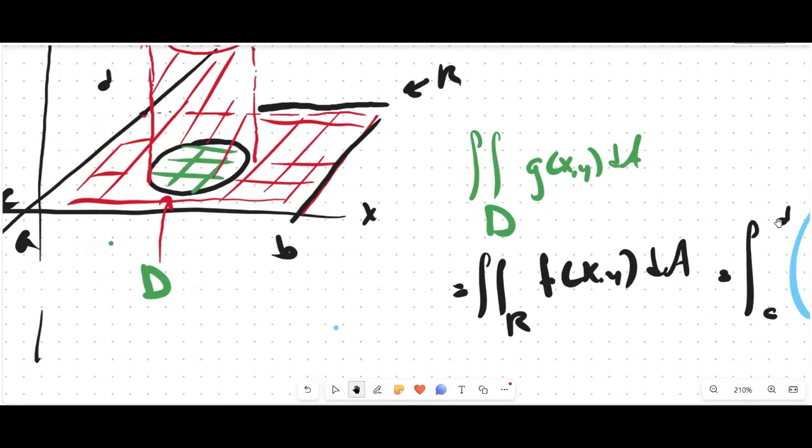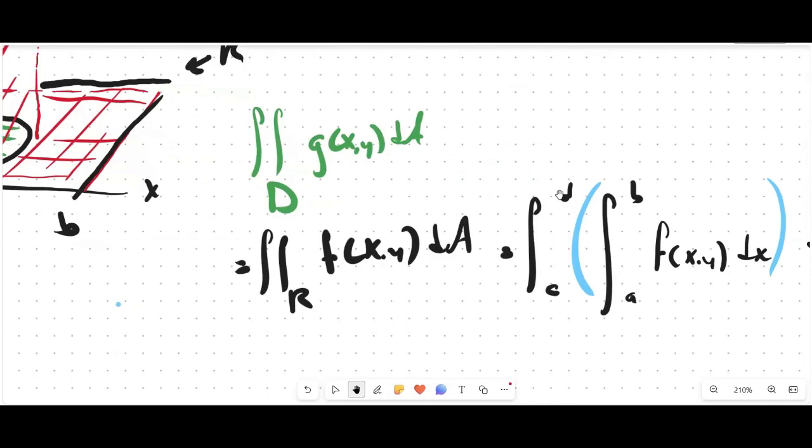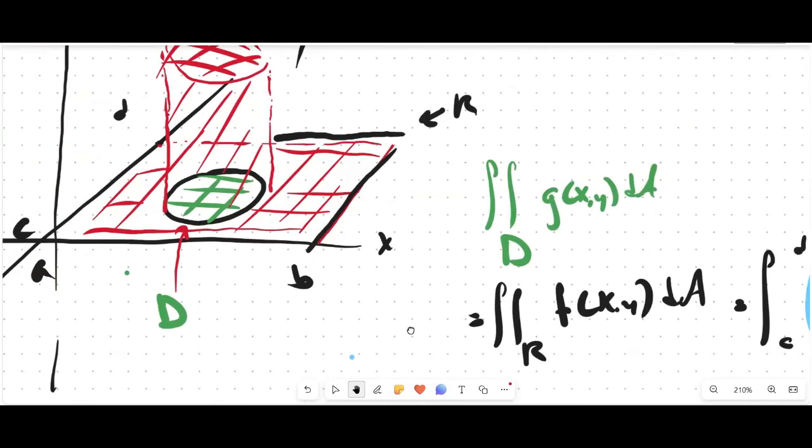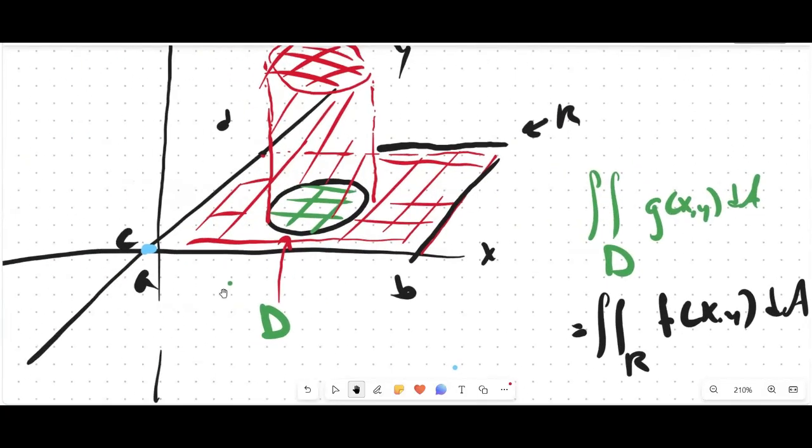Y goes from C to D, right? So Y starts off down at C over here. And we integrate in X this function that I'm drawing right now, which is zero. It's zero everywhere.